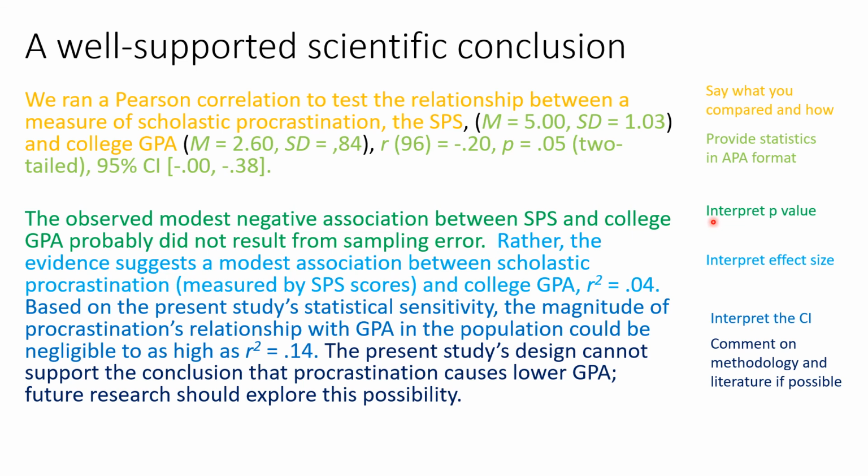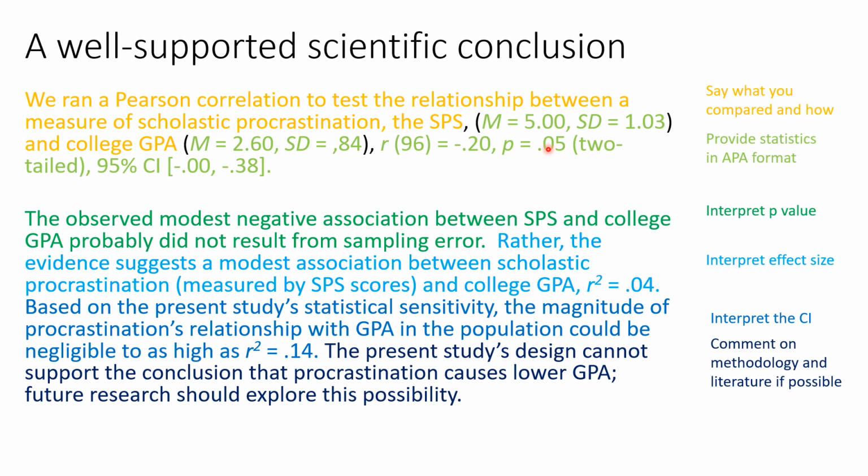Next step is to interpret the p-value. The observed modest negative association between SPS and college GPA probably did not result from sampling error. That's because of this. Again, the p-value is 0.047, so that rounds up to 0.05. And that's right on the borderline of what's conventional, but that's compelling evidence that there is a small negative association between these 2 variables.